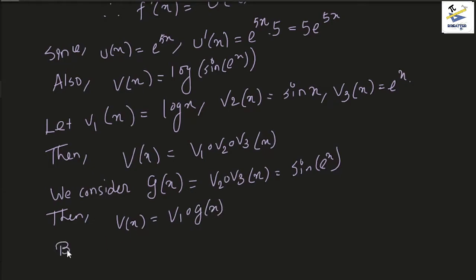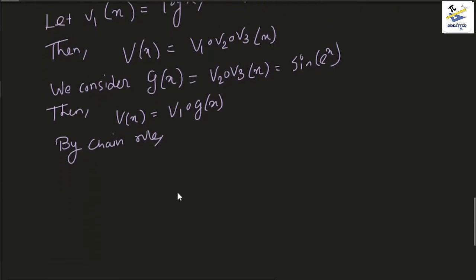By chain rule, v prime of x would just be equal to v1 prime of gx into g prime x, right?